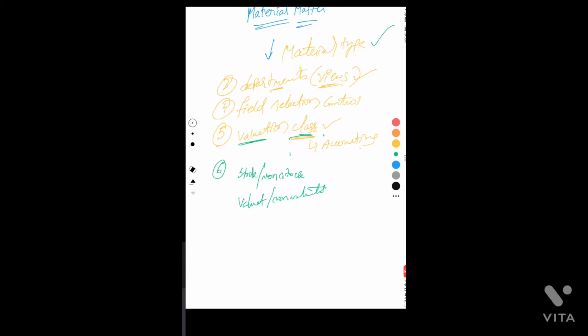Let's go to that. If suppose non-stock items, for example, an asset, some machinery asset, those products we are not storing in our inventory.